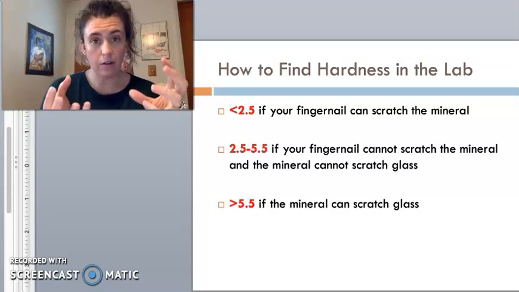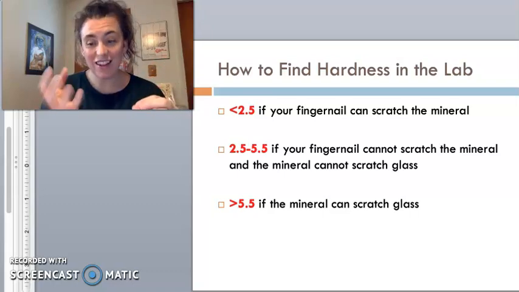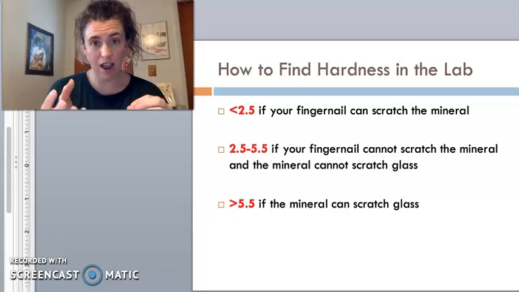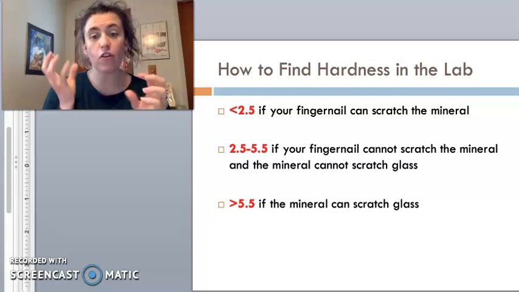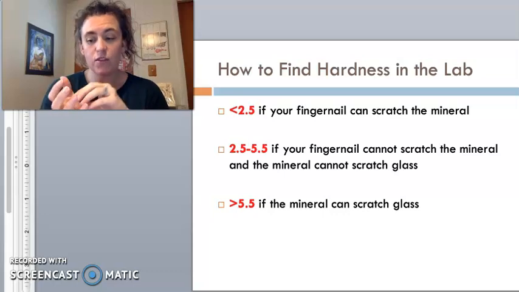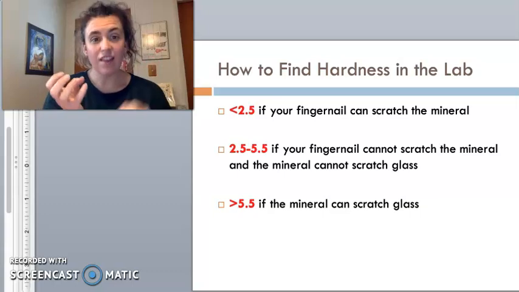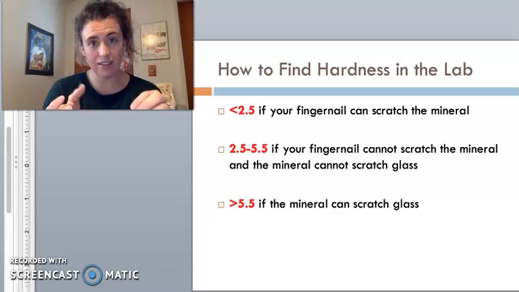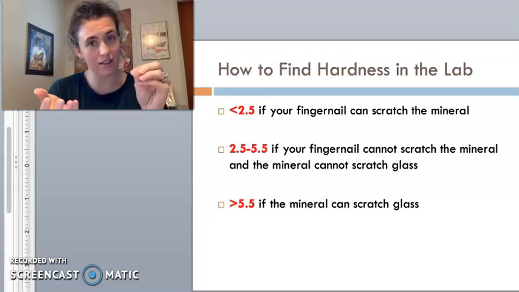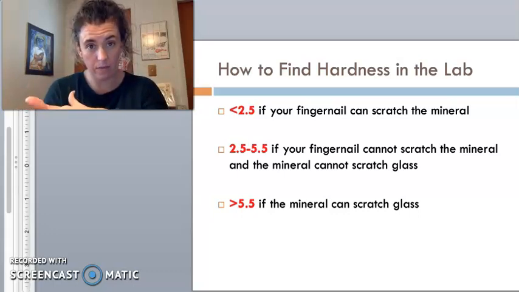So you take the mineral and scratch the glass. If the glass is not scratched by the mineral, then you know the glass is harder than the mineral. So we can say that mineral is going to be less than 5.5. If the mineral scratches the glass, then the mineral is harder than the glass. And so the mineral is greater than 5.5.